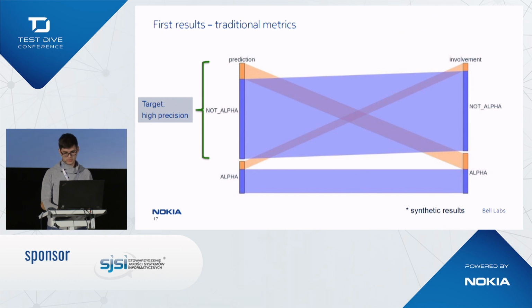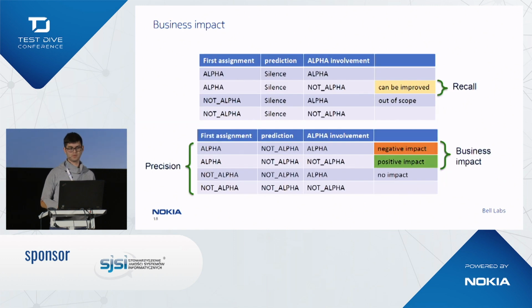However, it's not something that we should focus on, because when we split the cases of the predictions into two tables and thought about each case separately, we can see that not all rows are important here. In the first table, we can see that our model doesn't always say something.